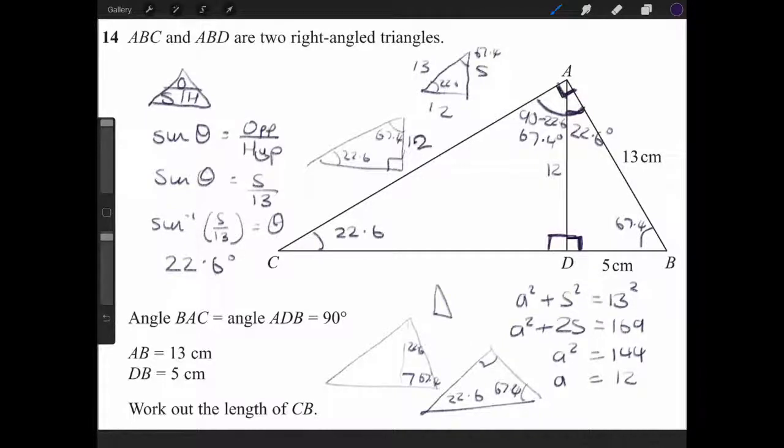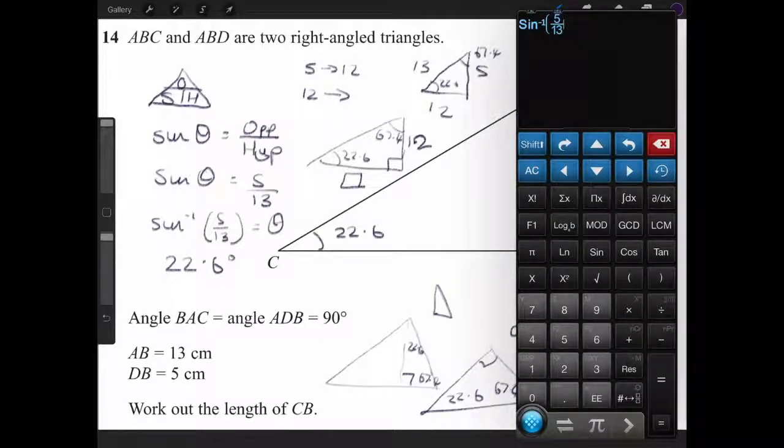So the question now is a ratio question. What do I do to 5 to make 12? Because I then need to do it to 12 to make this value here. 12 divided by 5 is 2.4, okay?